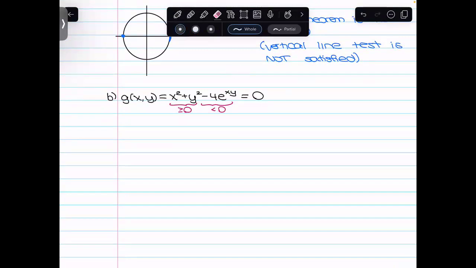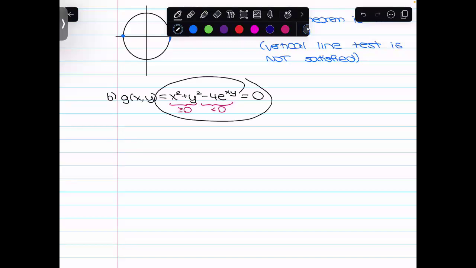So since you have an e, the best thing is to pick x or y to be 0, just so that this becomes e to the 0, which is 1. And that's what's going to make it nicer to work with. Of course, we can't be sure yet that x or y being 0 will make this equation hold, but it's just something you can do to start and see where it leads.